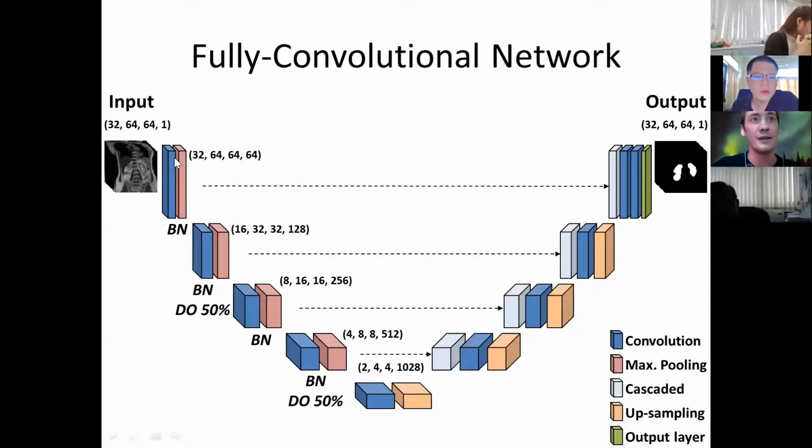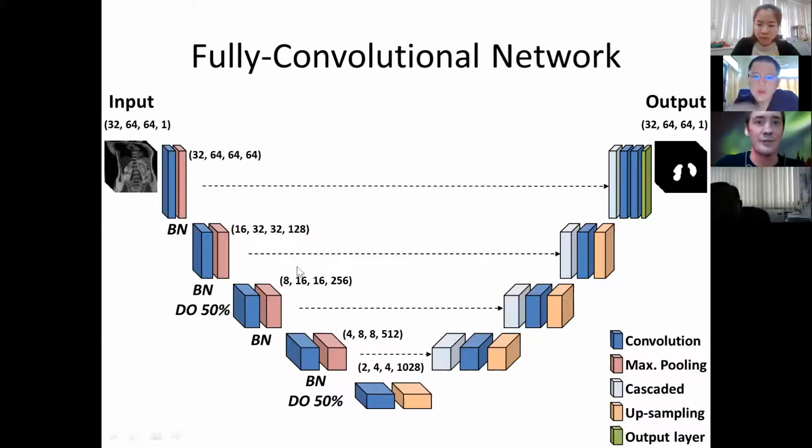At the first section of the encoder, you can see we still have 32 frames, 64 rows, 64 columns, but now we have 64 channels. These 64 channels reflect different filters of the convolutional layer. So there were 64 filters in this layer. The BN here stands for batch normalization, which normalizes the weights of each filter to help the learning process.